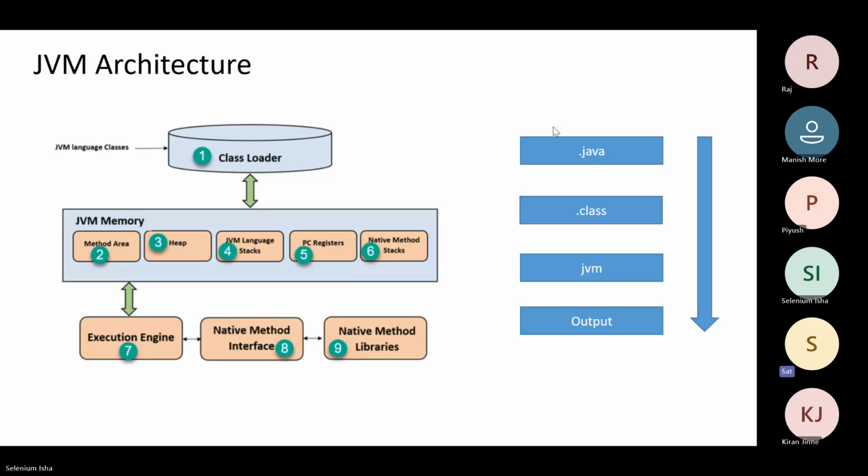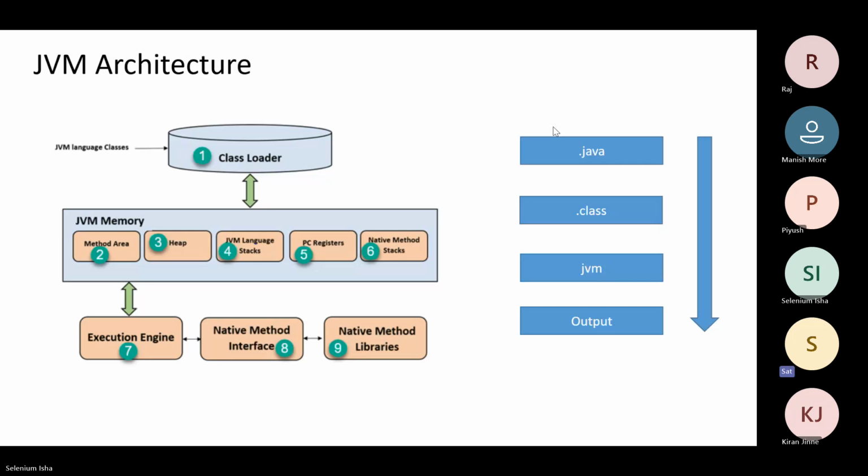Now within the JVM, as I said, JVM memory is split into 5 subcomponents. You have heap, stack, PC register, native stacks, and something called metaspace. The method area, whatever you're seeing here, is not in scope now. It is replaced with something called metaspace.